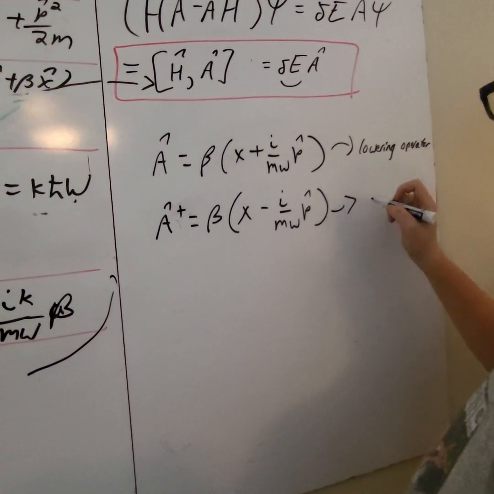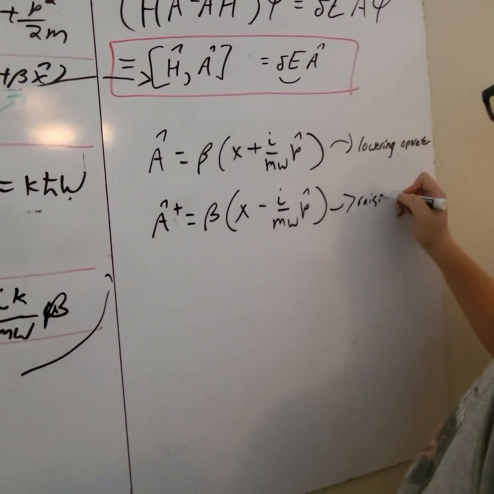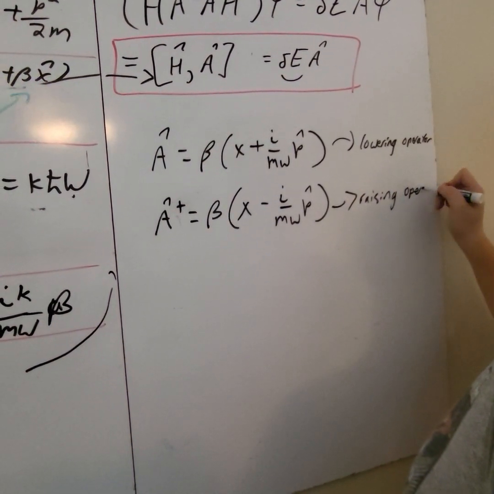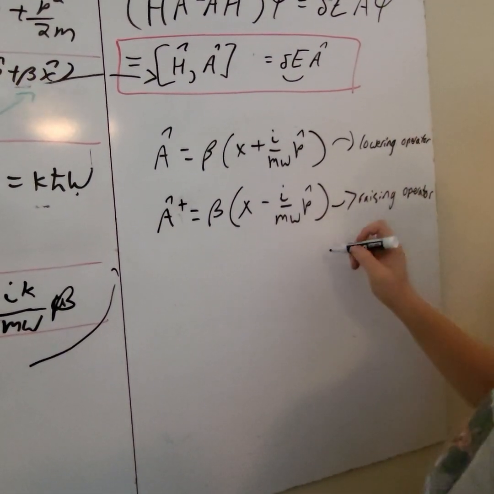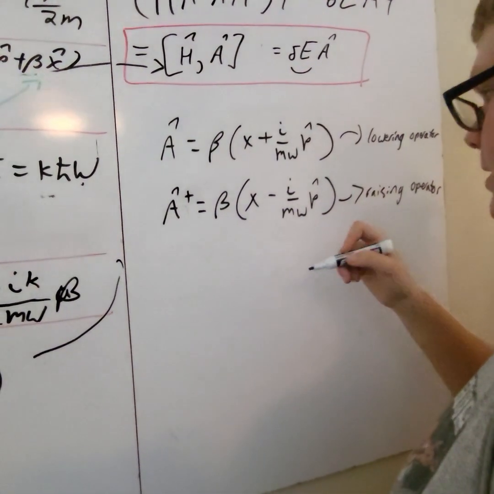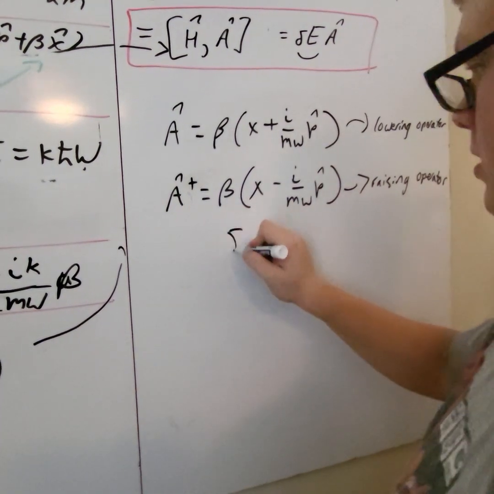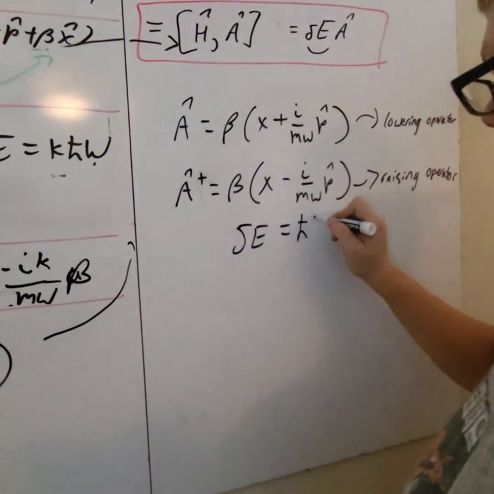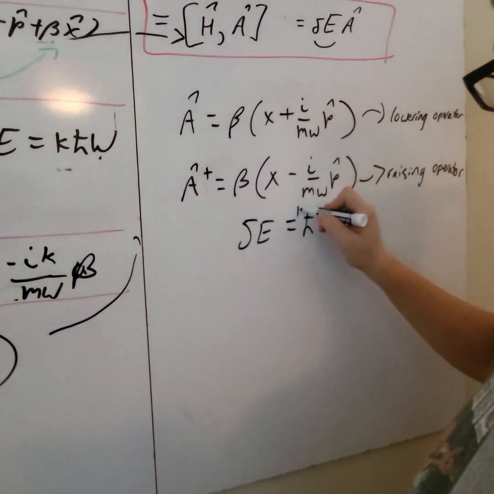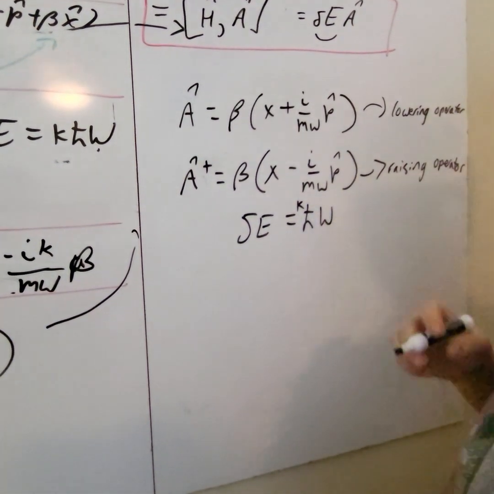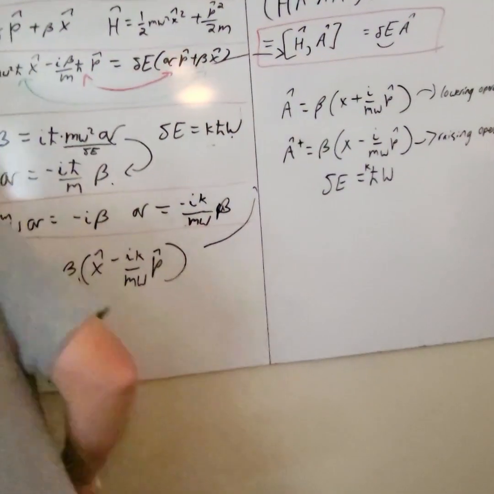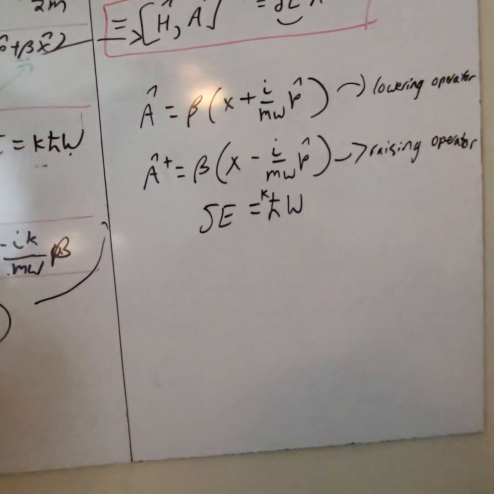And when k equals positive 1, you get the other operator, which we're going to call the raising operator, because when it acts on an eigenstate of the Hamiltonian, it returns a state with raised energy. I've said that about 15 times in different ways, haven't I?